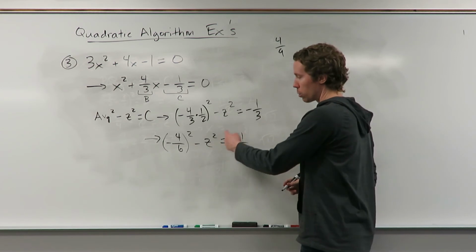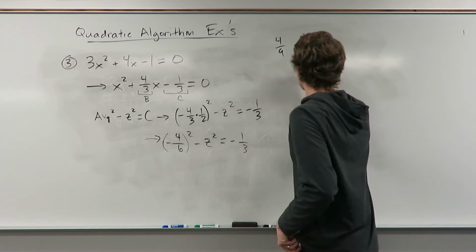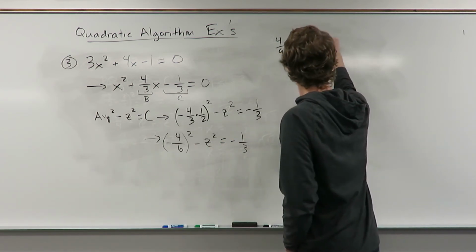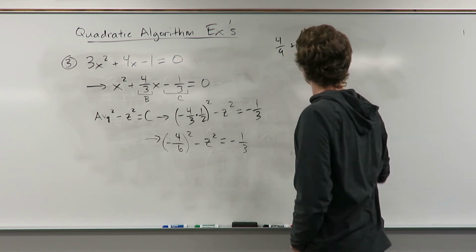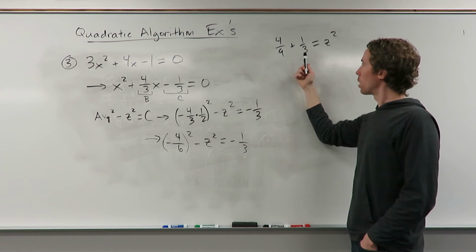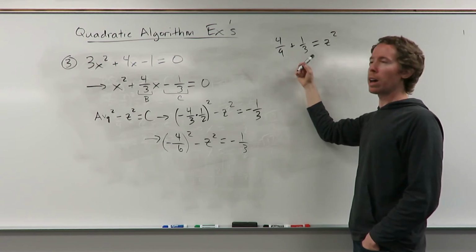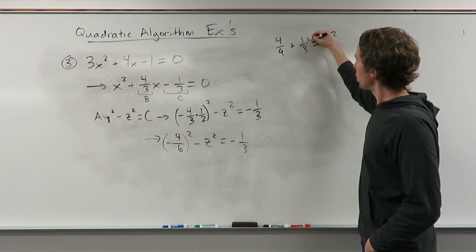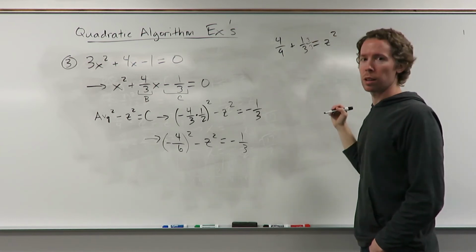I'm going to add Z squared to both sides and add 1/3 to both sides. I want to combine these two fractions, so I want to get a common denominator. I can do that if I multiply the top and the bottom here by 3.